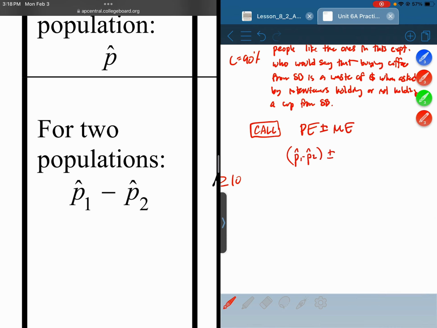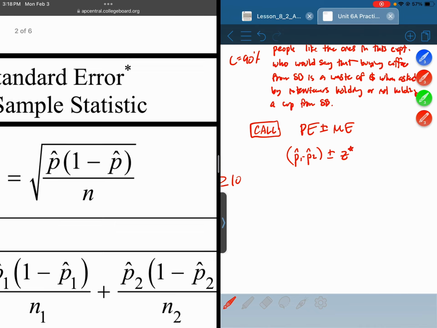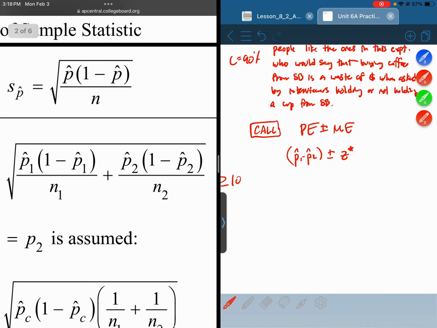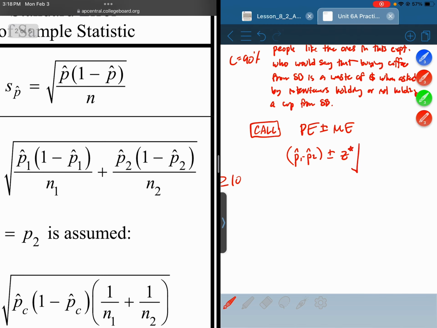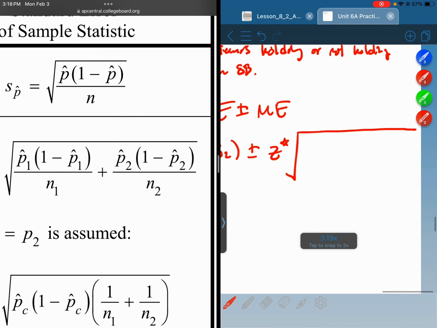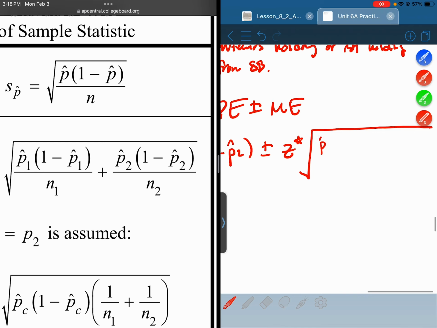And then the margin of error, that's your critical value times your standard error. The critical value is just your z-score. And then the standard error, if we go to that column there, it's right there in the center of the screen. It's that long square root expression. Let's see if I can fit this in. p hat 1 (1 minus p hat 1) over n1, plus p hat 2 (1 minus p hat 2) over n2.